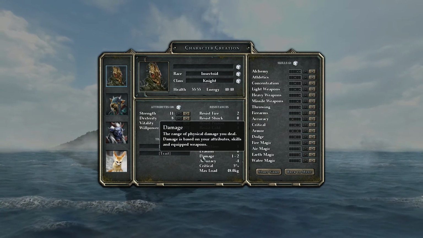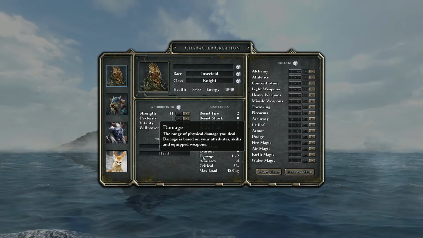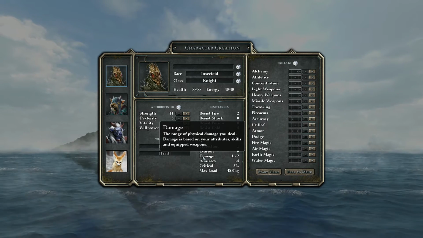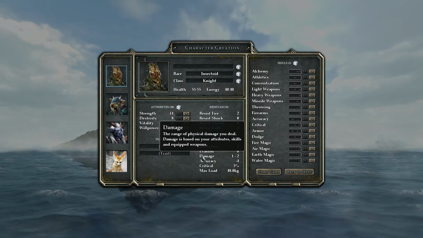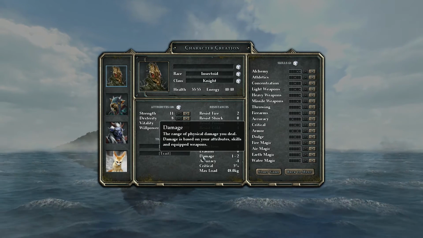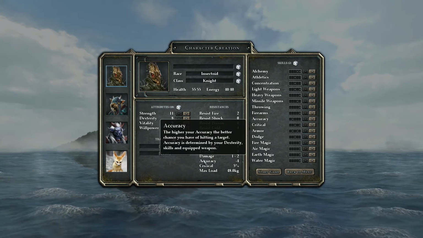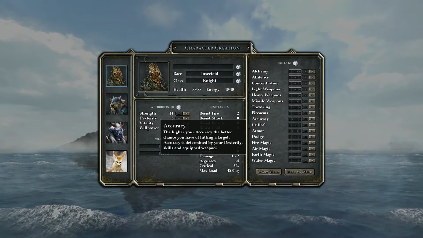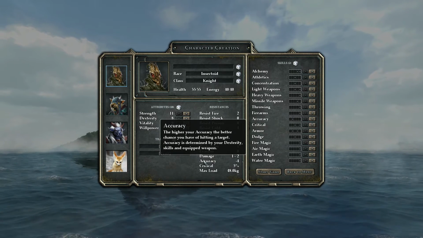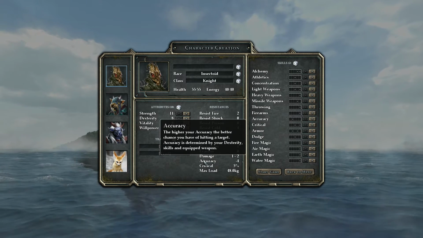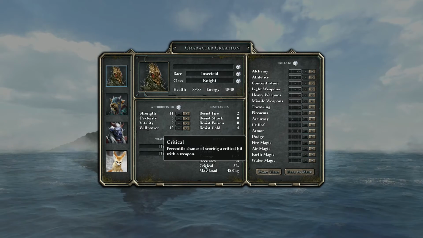Damage. The range of physical damage you deal. Damage is based on your attributes, skills, and equipped weapons. Accuracy. The higher your accuracy, the better your chance of hitting a target. Accuracy is determined by your dexterity, skills, and equipped weapons.